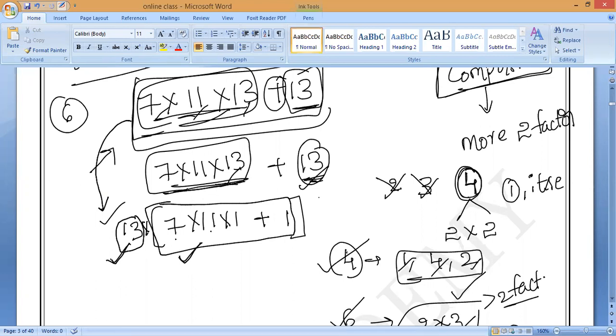Do you understand? Yes, ma'am. So every number has 1 and itself as factors, correct? Total how many factors are here? More than 2 factors. Is it clear?